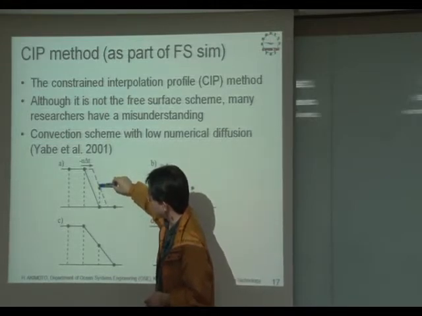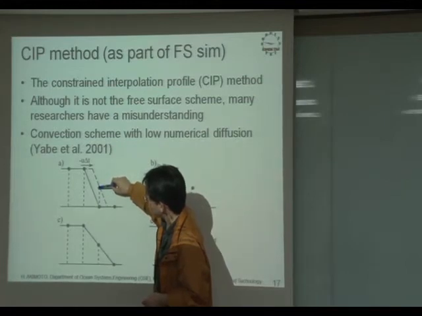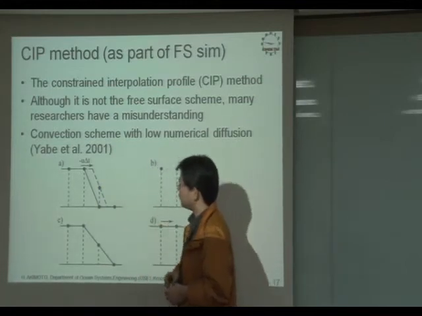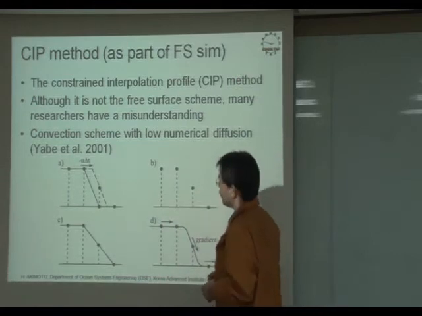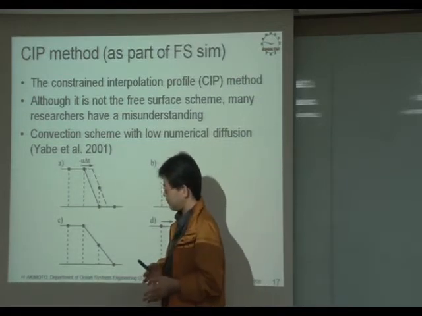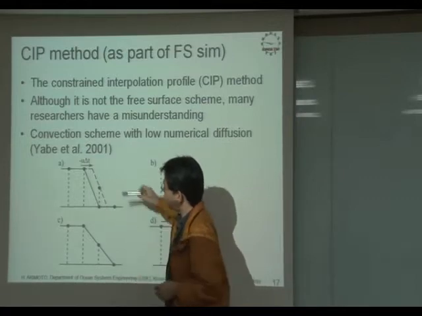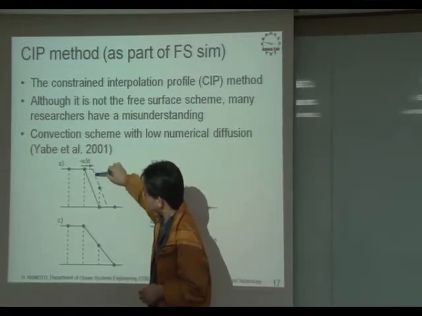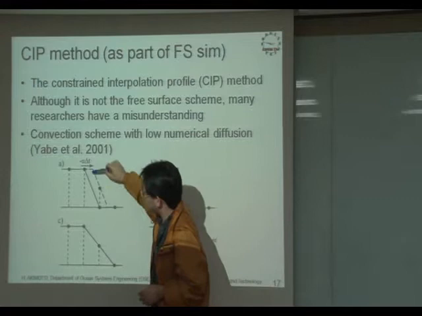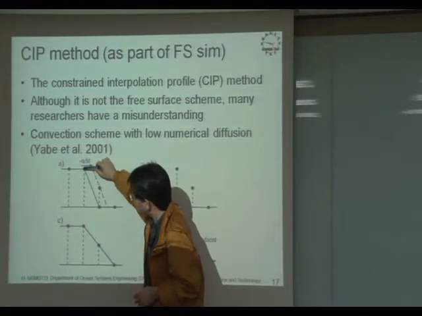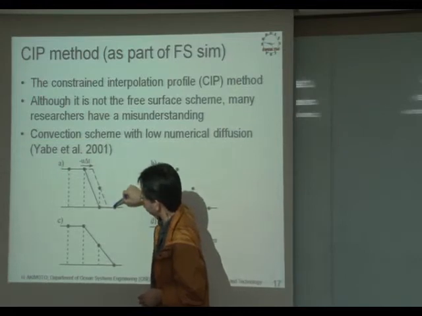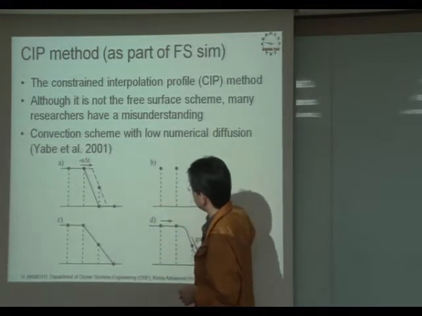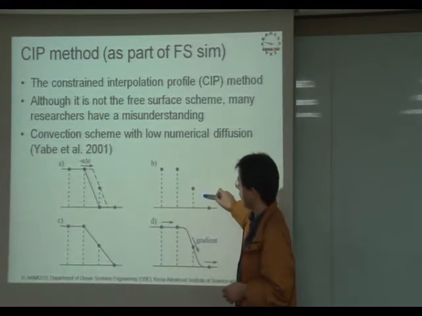We got the increase of the physical value at this point. So although the ideal profile is like this, we can only know these points. So this is illustrated like this.